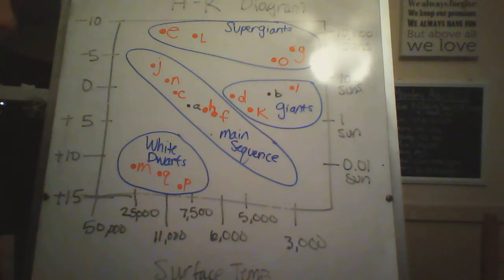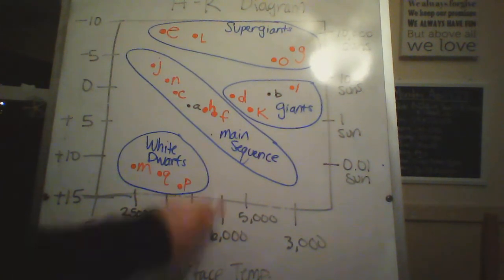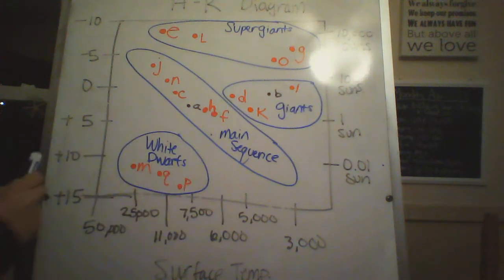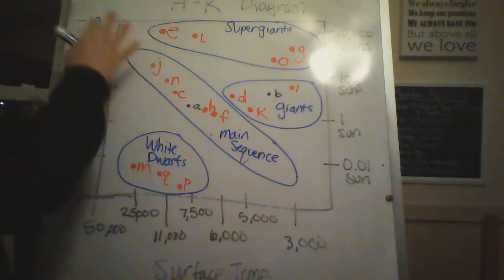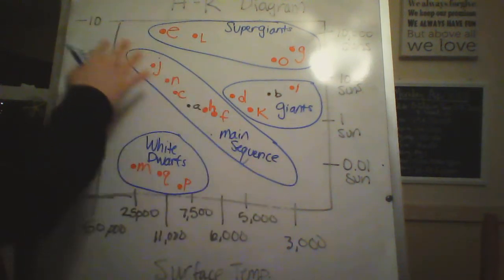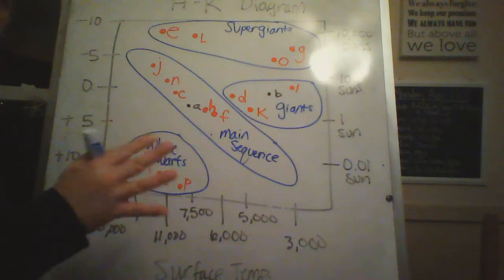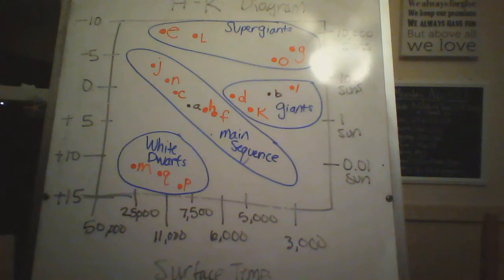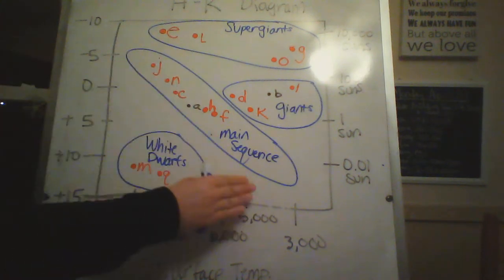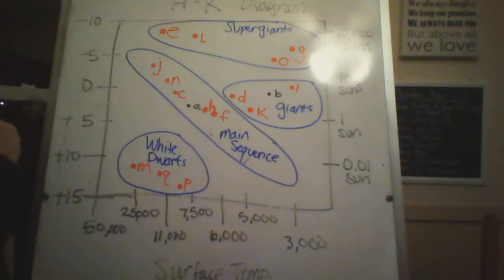Circle those star clusters. So the bottom, high temperature, low absolute magnitude, so they don't look as bright, are our white dwarfs. The middle, we have our main sequence stars, which are medium, so they kind of fall in the middle of temperature versus brightness. Remember, the sun falls into this category.